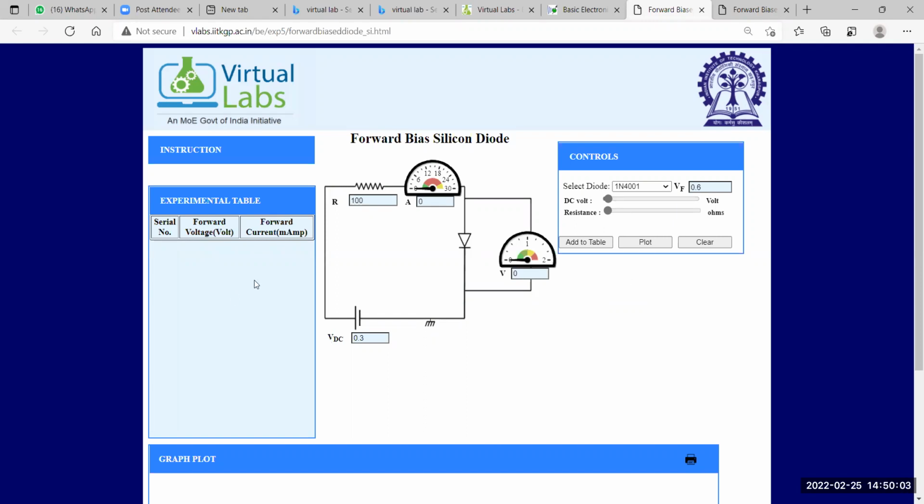We have to calculate for this part. First, add the DC volt to the table. I have fixed the resistance here. Then vary the DC volt.